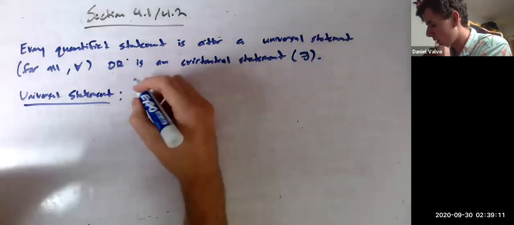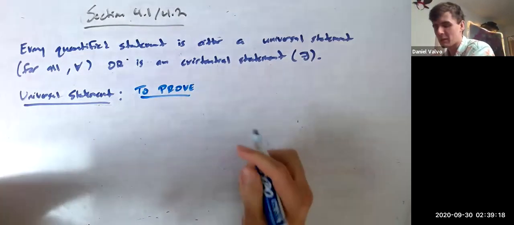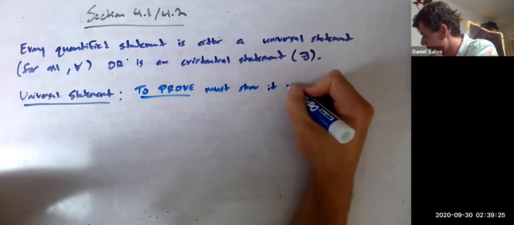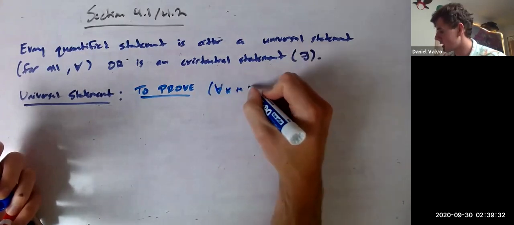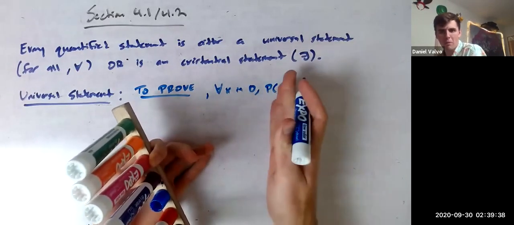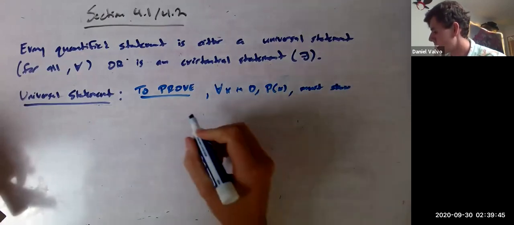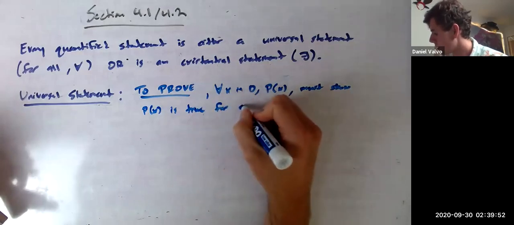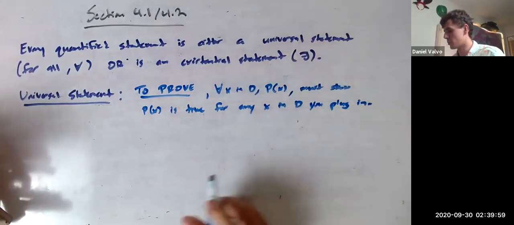So to prove a universal statement, such as for all x in D, P of x, because all universal statements really have this form no matter what P of x is, we must show that P of x is true for any x in D you plug in.